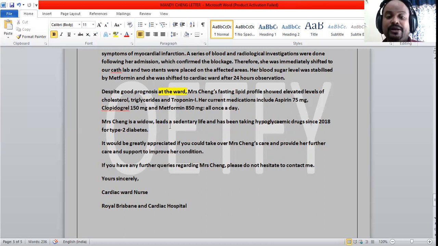And she has been taking her oral hypoglycemic drugs, that is metformin 850 mg, regularly since 2018 for type 2 diabetes. So a particular point of time, 2018, for type 2 diabetes. She has been taking this.